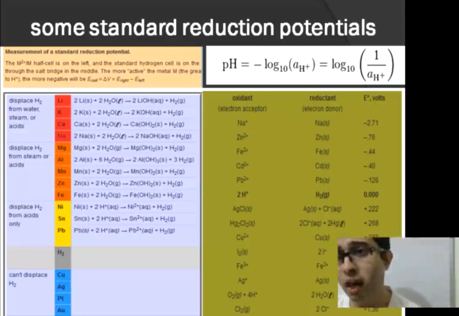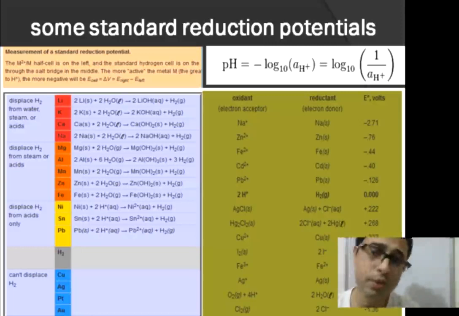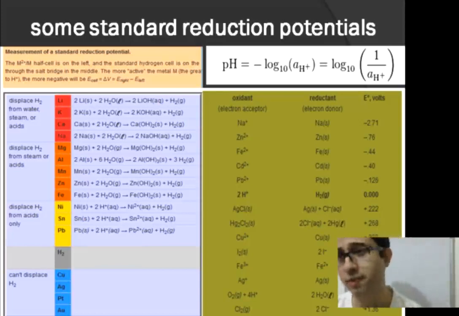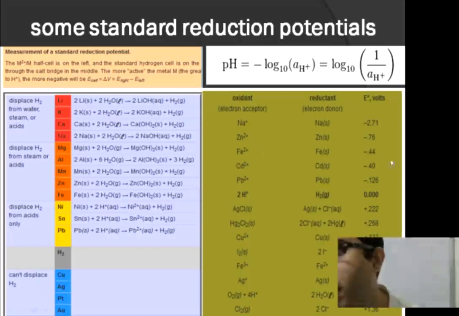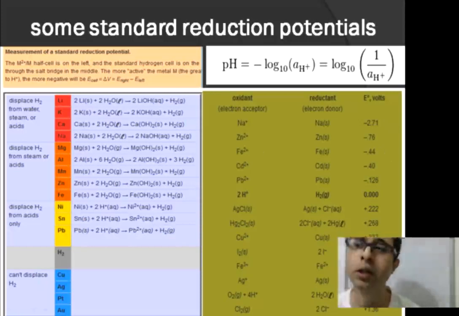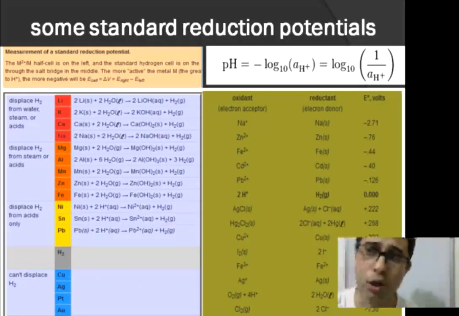So these are very strong reducing agents. How do we express mathematically that an element is a strong reducing agent? Look at sodium, zinc, calcium, cadmium. These are all alkaline materials, and look at the potential. For sodium it is minus 2.71. What does it mean? This is the concept that you need to learn.